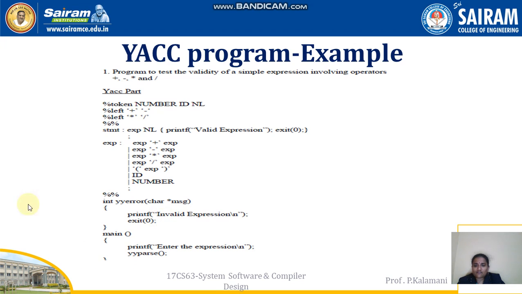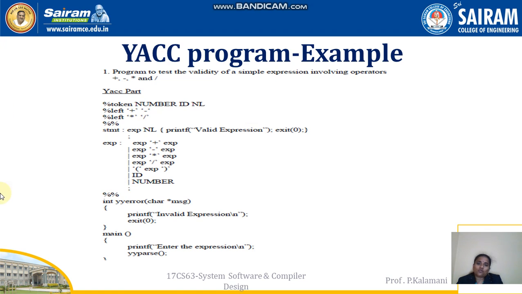Next, if any error is there, yyerror should be called. Then the main program. This is C auxiliary code. Here printf to enter the expression is a pure C statement. Then yyparse means the yyparse part will be called. In parallel this will call the lex, get the tokens from there and perform the operation. So this is the structure of a YACC program.